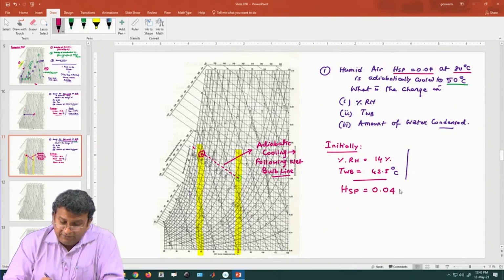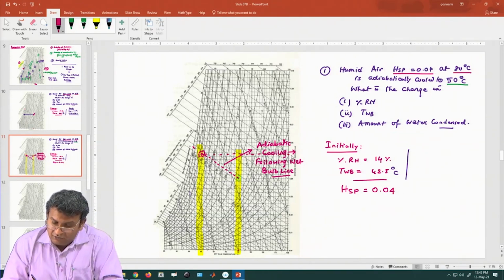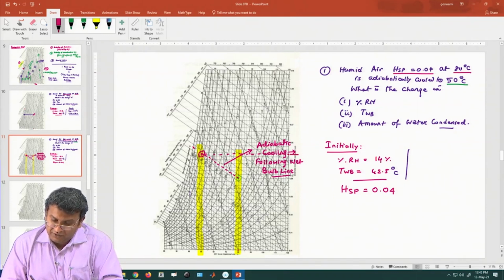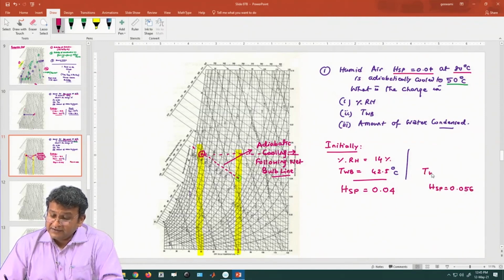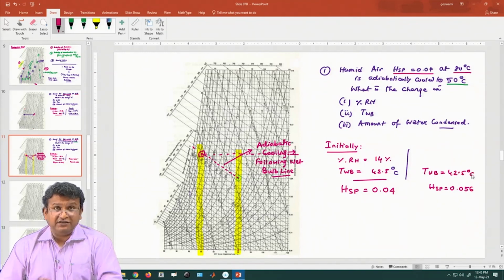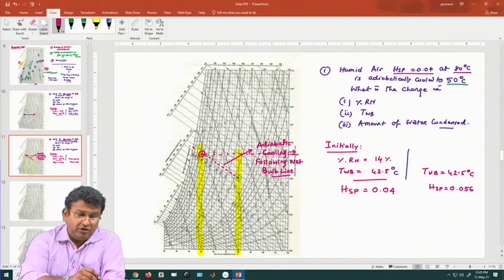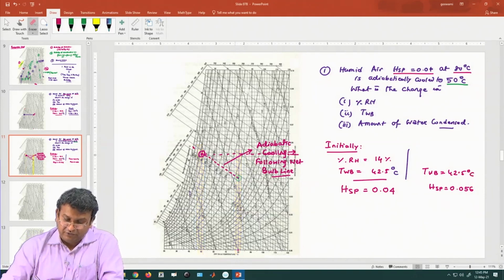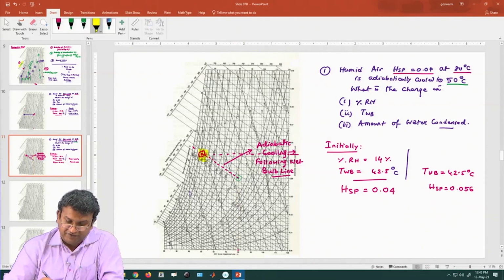Since you have cooled it adiabatically, the H has also changed, and it has now gone up, like 0.056. But since you are following a wet bulb line, there is no change in the wet bulb temperature. I do hope all of you have understood. These yellow lines have no meaning, actually this is the process.